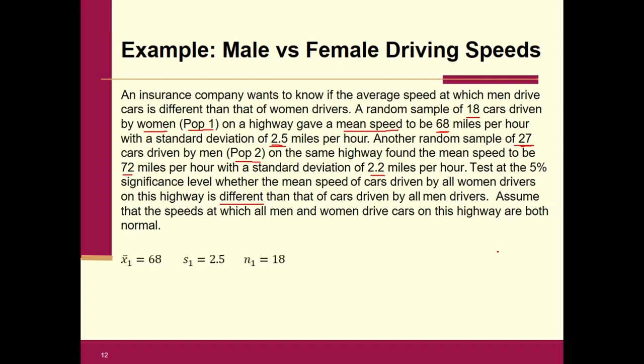So just like I said before, all we're doing is organizing the stuff. And so we had a random sample, n1 is 18, x bar 1 is 68, s1 is 2.5, x bar 2 is 72, s2 is 2.2, and then n2 looks like 27.